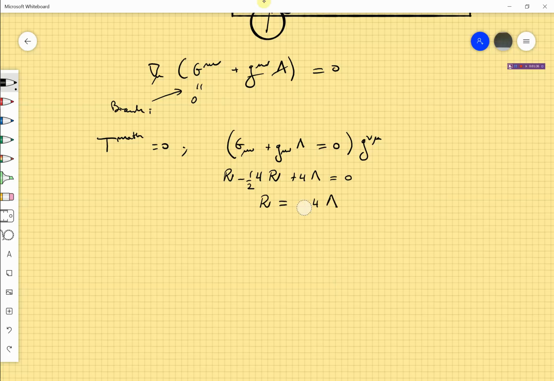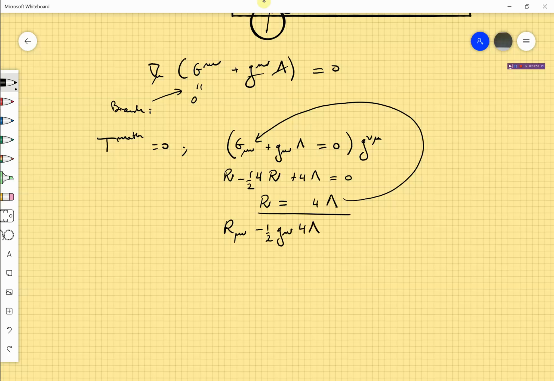Oops, sorry, plus 4 lambda, because it was minus R equal to 4 lambda. Now we can replace R back into these equations, and this gives you R mu nu minus a half g mu nu, the value of R, which is 4 lambda, and this equals g mu nu lambda.